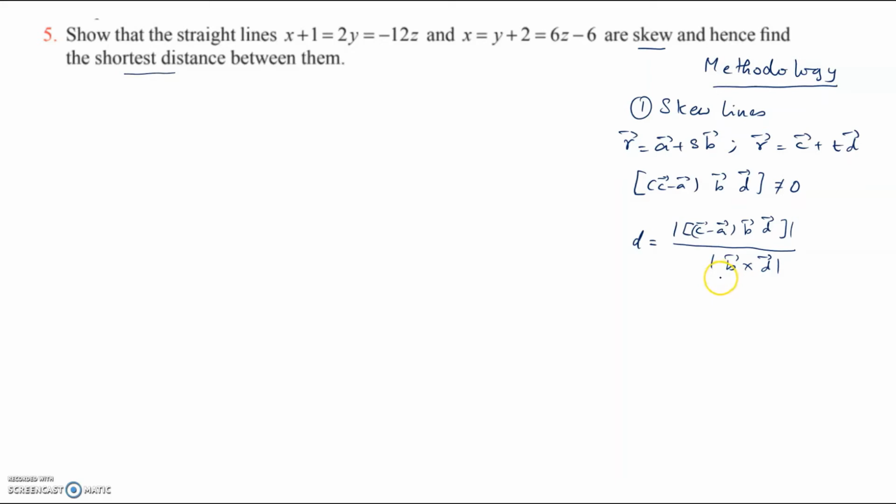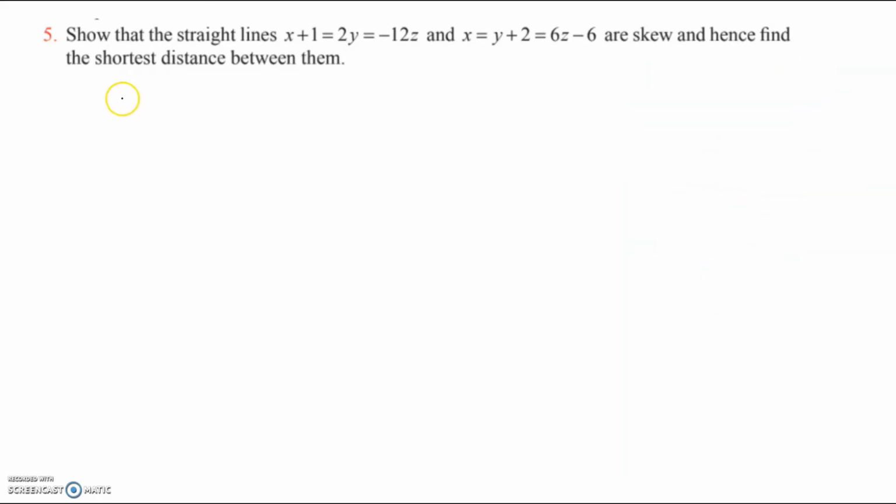So let's proceed. So let's first rewrite the equations in the proper Cartesian form. So we are given x plus 1 is equal to 2y is equal to minus 12z. So this can be rewritten as x plus 1 is equal to y by 1 by 2 is equal to z over minus 1 by 12.